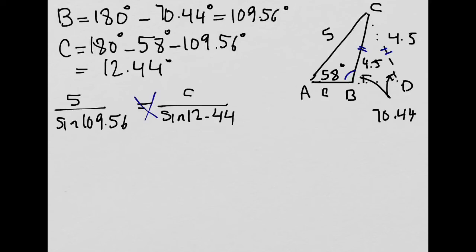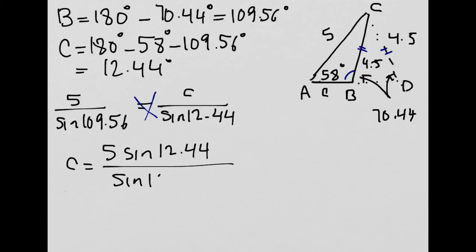Cross multiply and solve for C. We get C is 5 sine 12.44 divided by sine 109.56, and that's equal to 1.14.